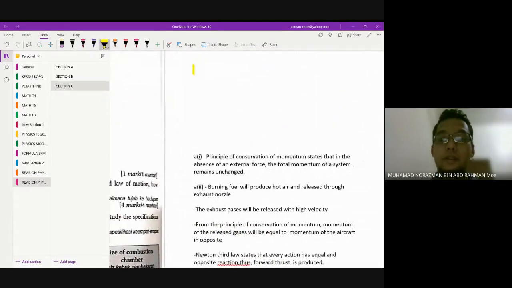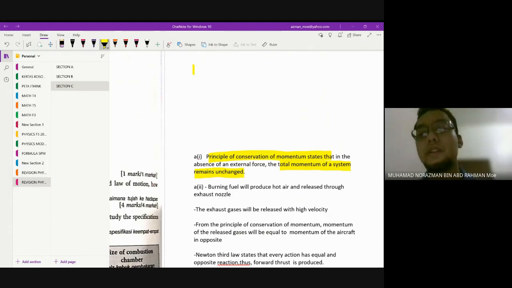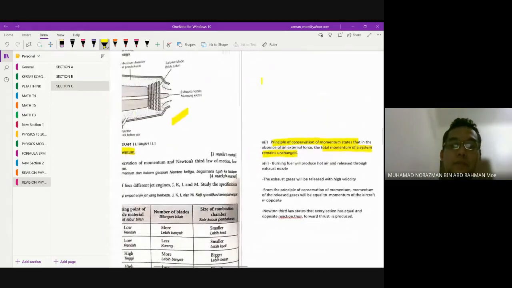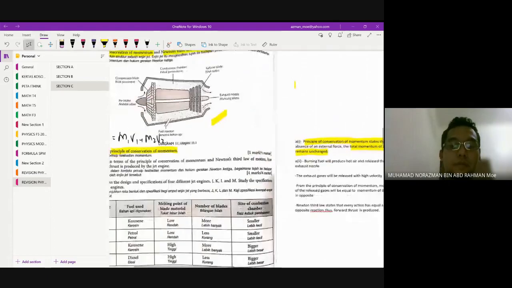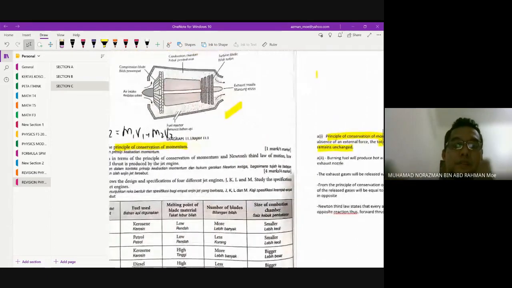So you can answer: the principle of conservation of momentum states that in the absence of external force, the total momentum of the system remains unchanged. Or you can say the total momentum before and after collision is the same. Okay, 1 mark only.